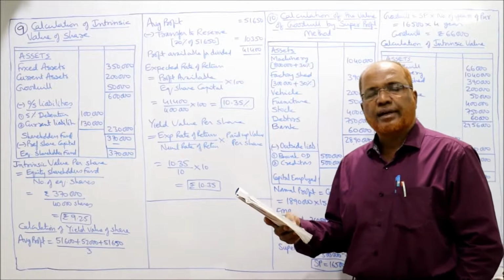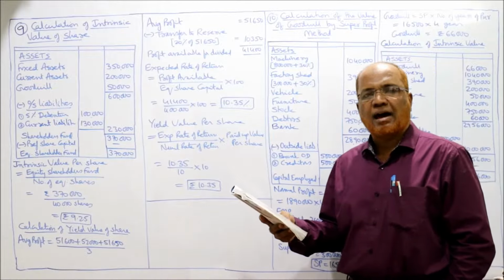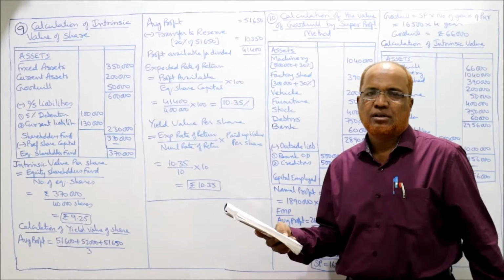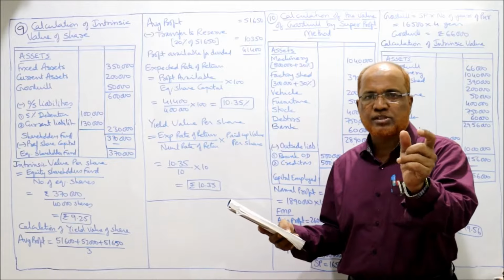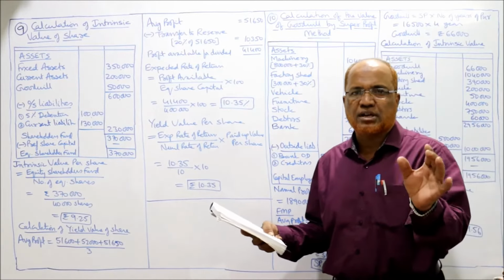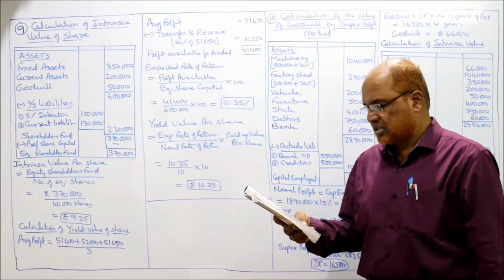So profits are fluctuating, so we calculate simple average profit. 20% of which was placed to reserve. So in this company there is a policy to transfer 20% of profit every year to reserves. So first we find the average profit, and transfer 20% to reserve. The remaining profit is the profit available for equity shareholders.